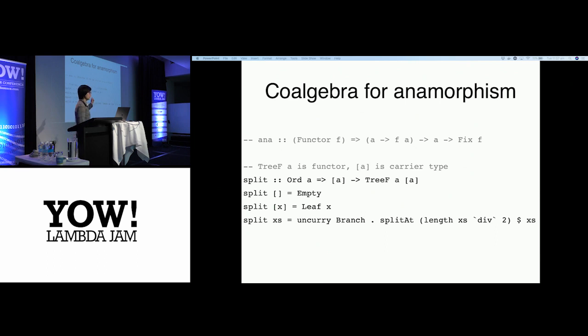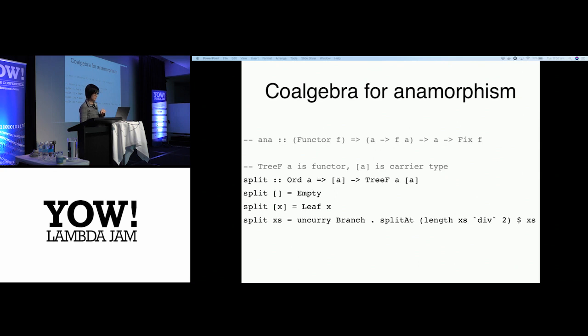And the functor, which I defined already, is 3F of A. And here it's pretty straightforward. You just return empty, and for one item, use a leaf to hold it. And otherwise it is a list. It's almost like what we did in the merge sort before. It just breaks the list into two lists of roughly similar length, and then constructs the branch.